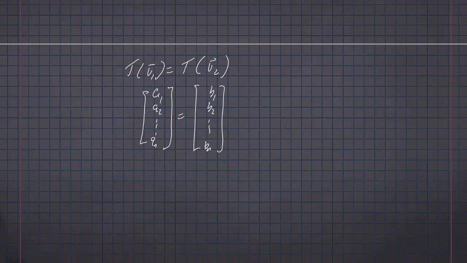And two Euclidean vectors can only be equal to each other if their components are equal to each other.